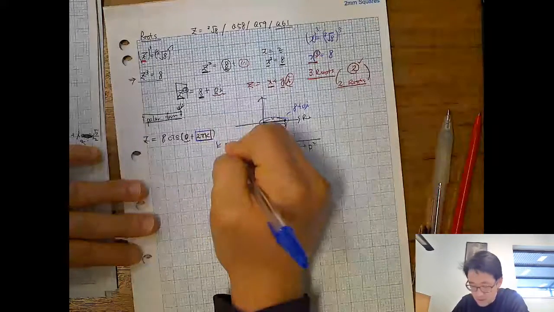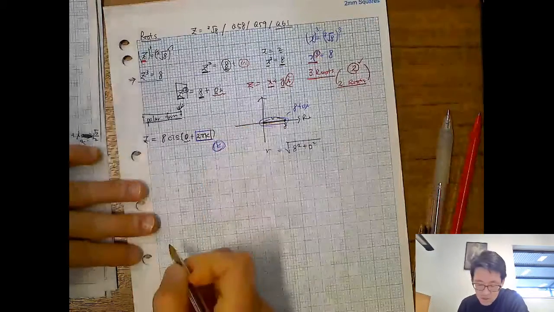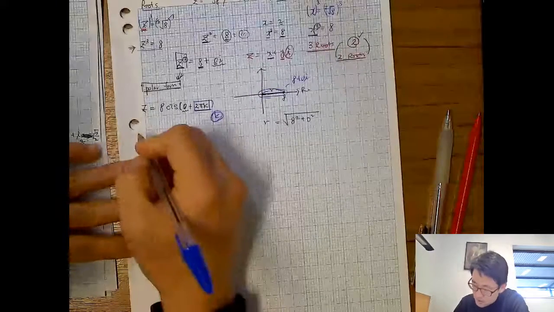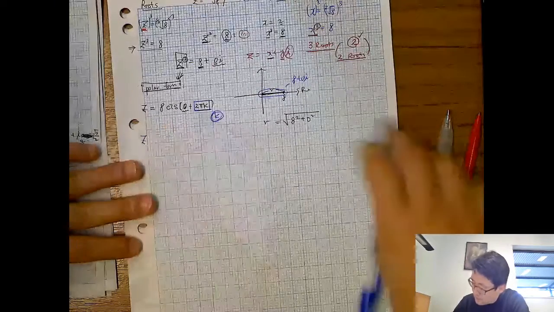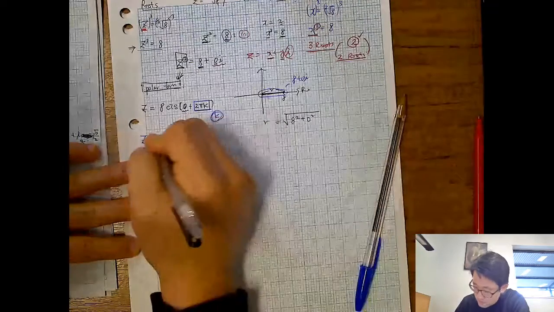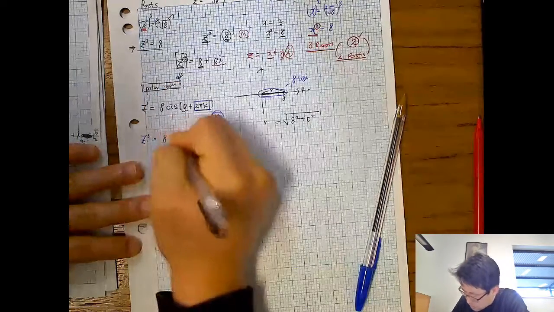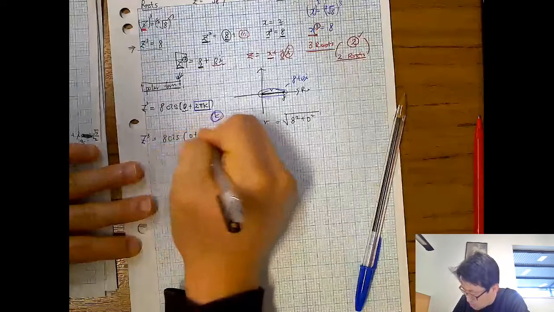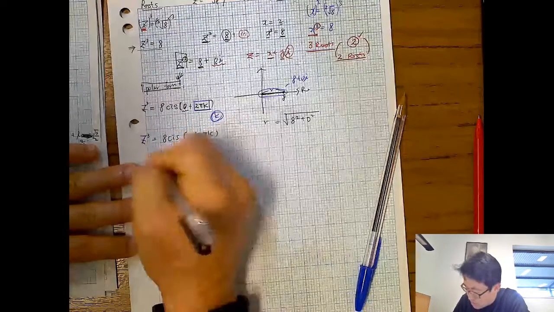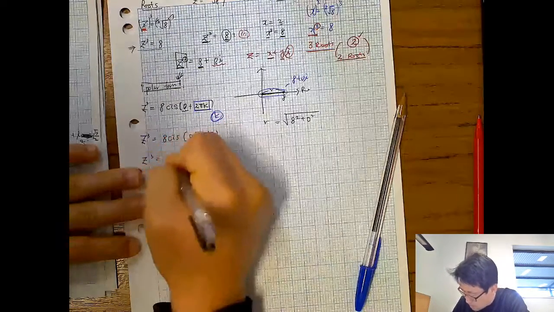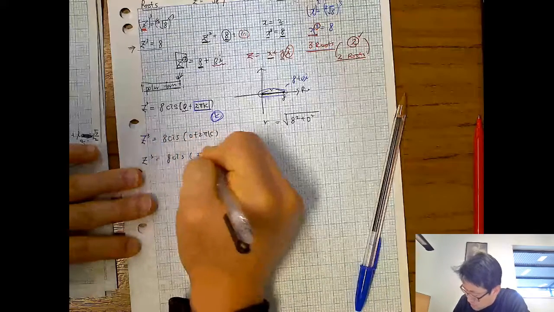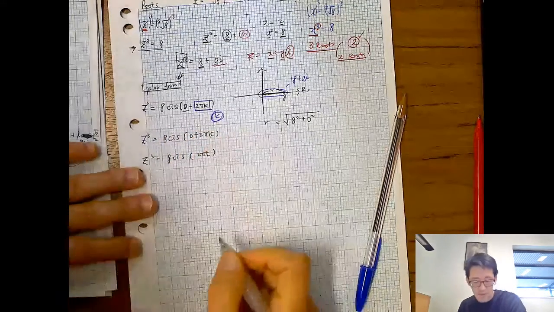When k is an integer. So z cubed, what should I write? z cubed equals 8 cis (0 plus 2 pi k). Happy with that?